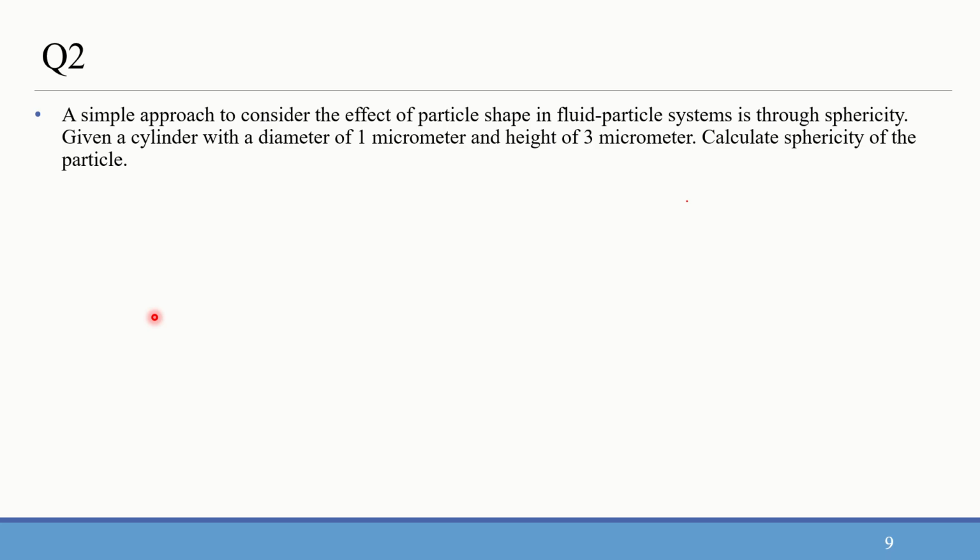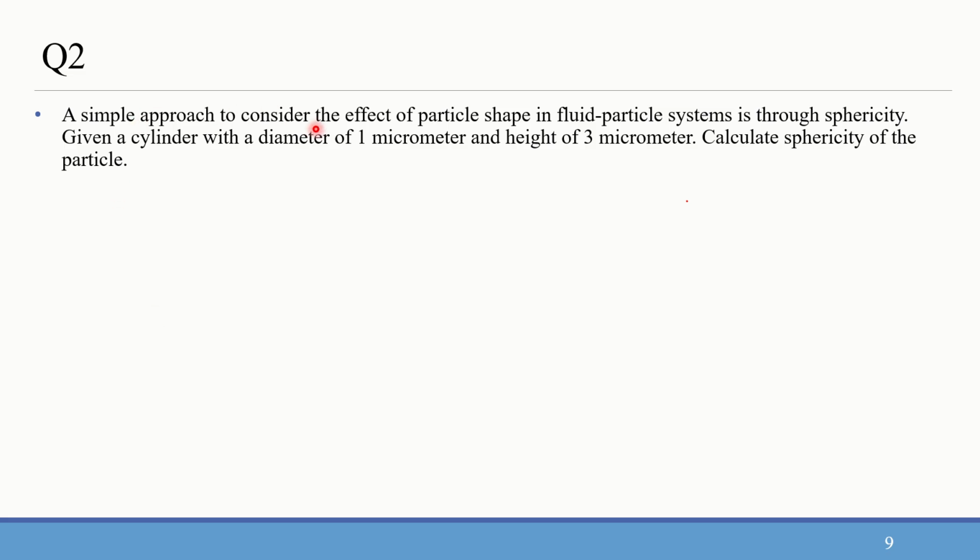On that basis, sphericity is calculated. A sphericity value of 1 gives us a sphere. If it is less than 1, all the different shapes will have certain values. That is what we are going to see now.